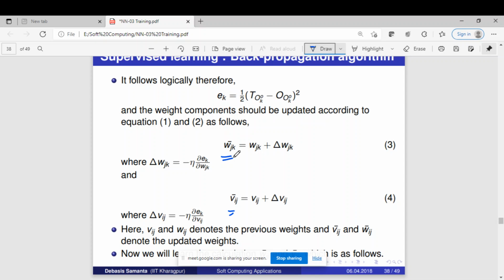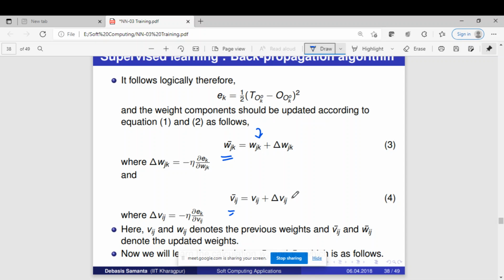The updated weight wjk is equal to wjk, the old weight, plus the change in weight. Similarly here, vij bar is the new weight for the v matrix, which is the old value of vij plus the change in vij.